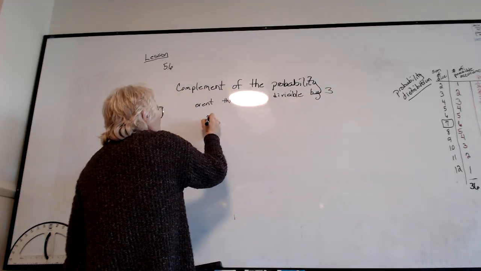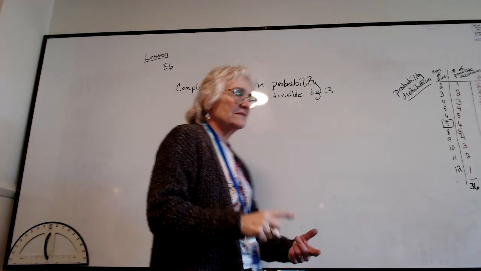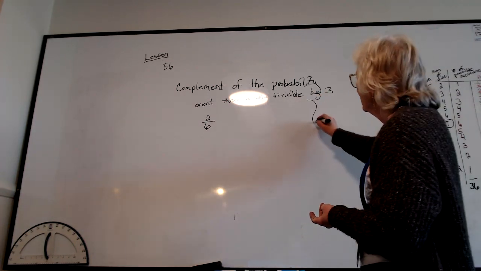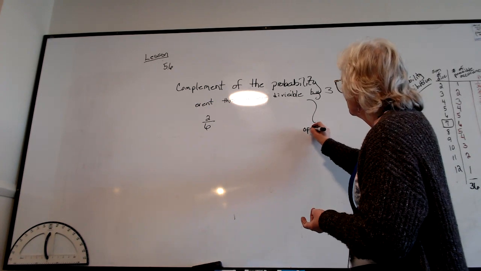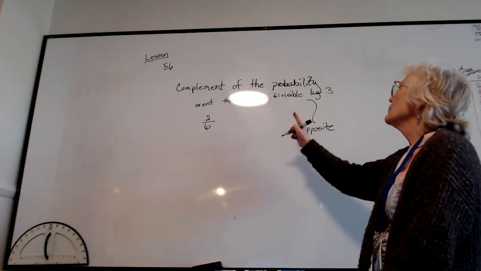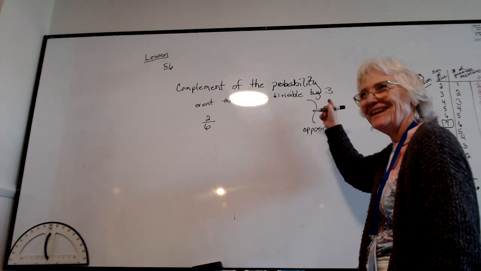We know there are 2 chances out of 6 because the number 3 and the number 6 are both divisible by 3. The complement is the exact opposite. The complement is just the opposite event, which would be not throwing a die divisible by 3.